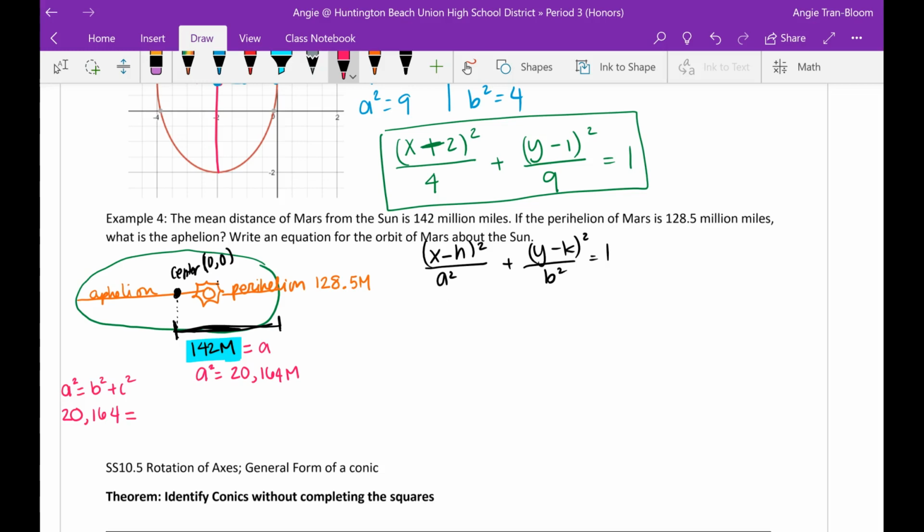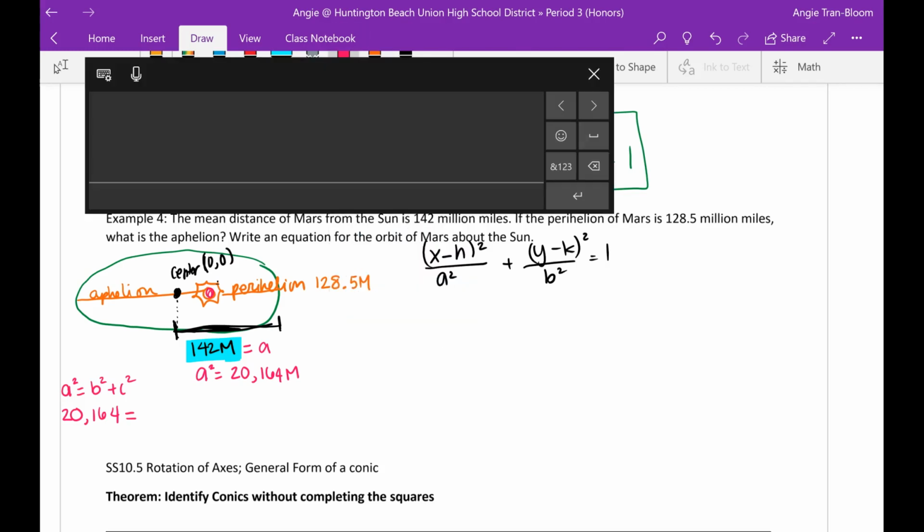Well, I know how to get c. c is the distance from the center to the focus. The sun is one of the foci.